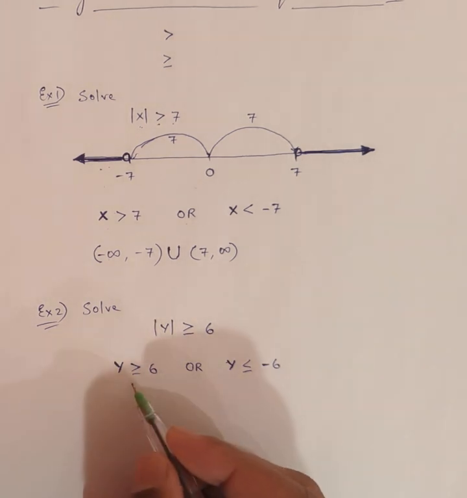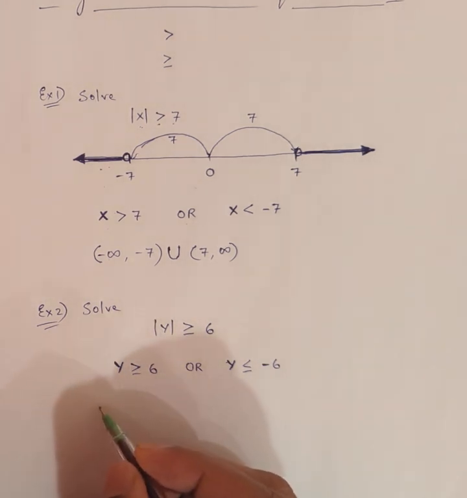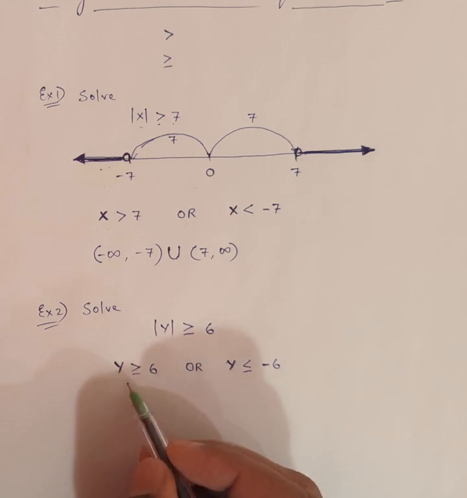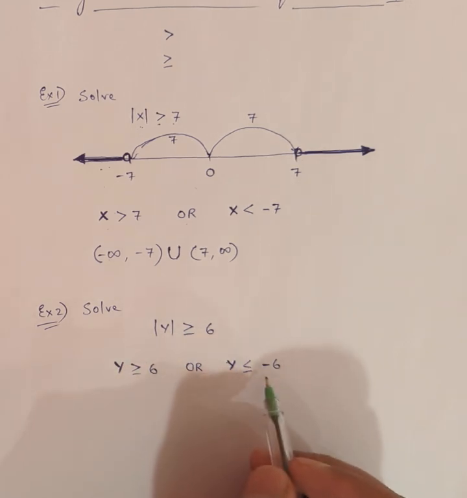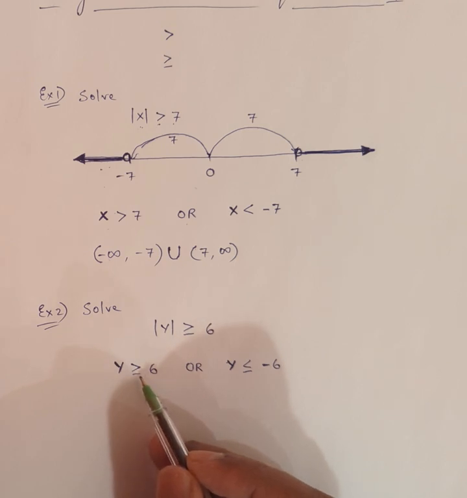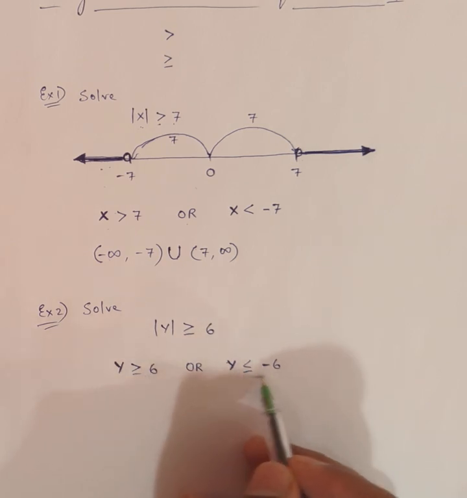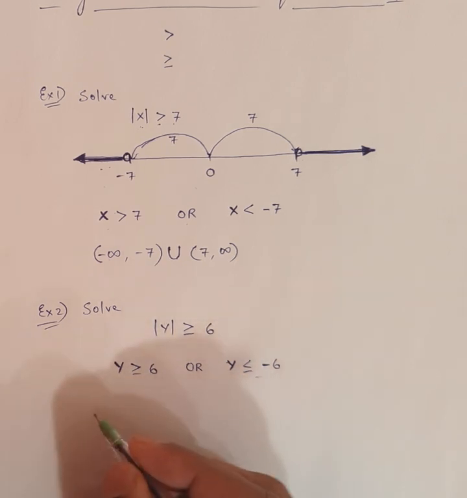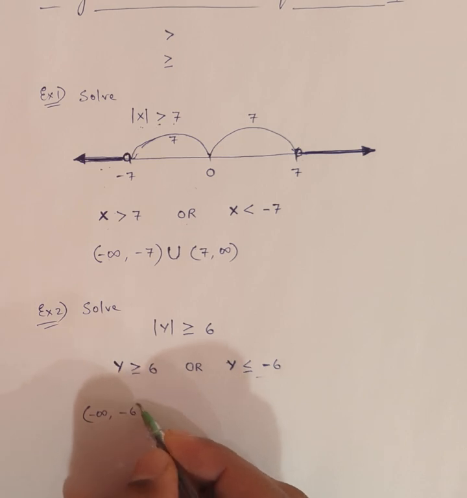And then how do you write this in interval notation? We want to write the left part first and then the right part. So I want to write this one first. y less than or equal to negative 6 is going to be negative infinity to negative 6.